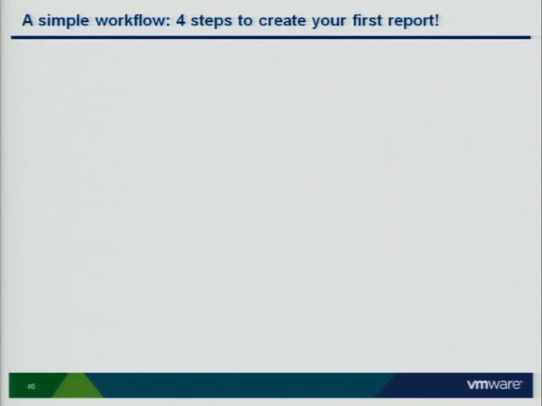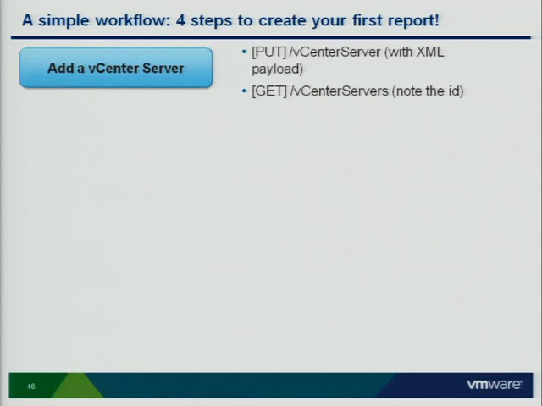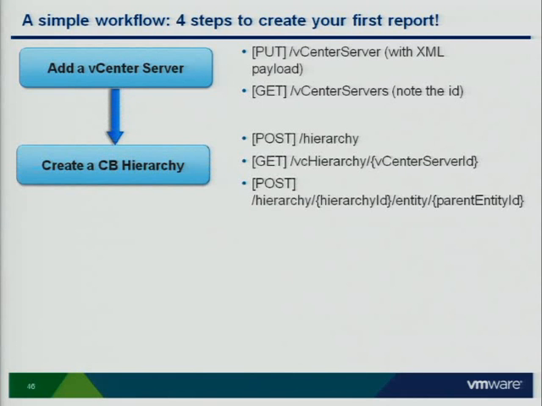So we'll take a quick look at how to use these chargeback APIs to create some of the chargeback constructs in the system. If you want to add a vCenter server, you just need to call these REST APIs with the corresponding parameters passed to it. You could create a chargeback hierarchy by calling this POST API on hierarchy, passing the hierarchy specific information.